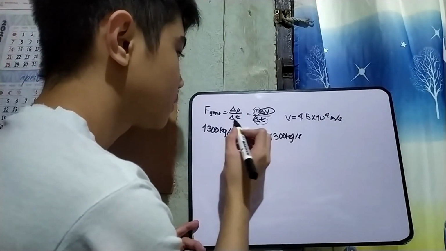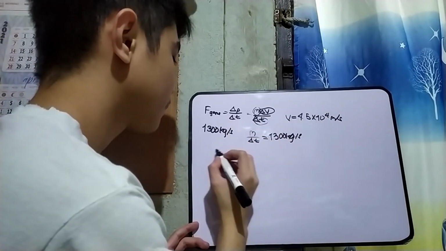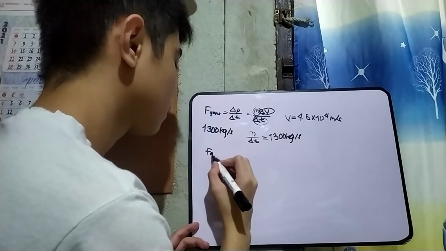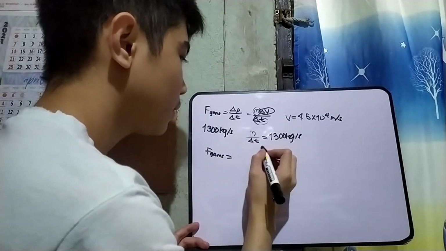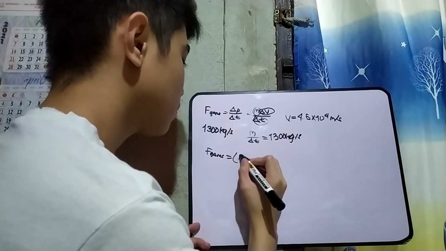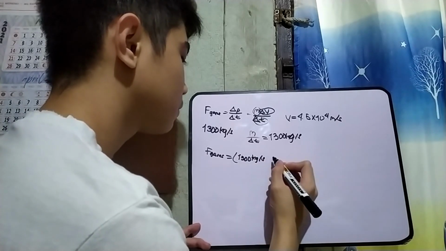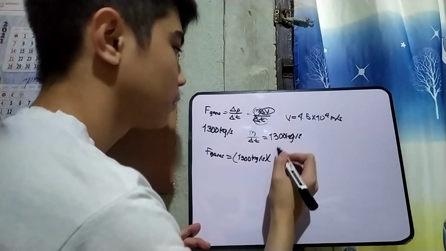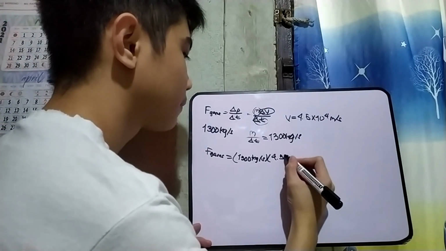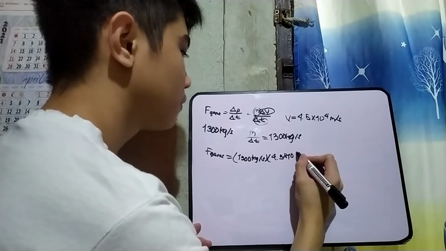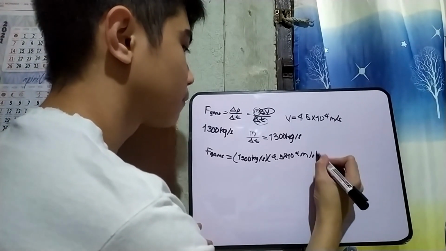To calculate the force, i-input lang natin yung mga given sa formula. So, force equals to M over T natin na 1,300 kilogram per second multiply to the velocity 4.5 times 10 to the 4th meter per second.